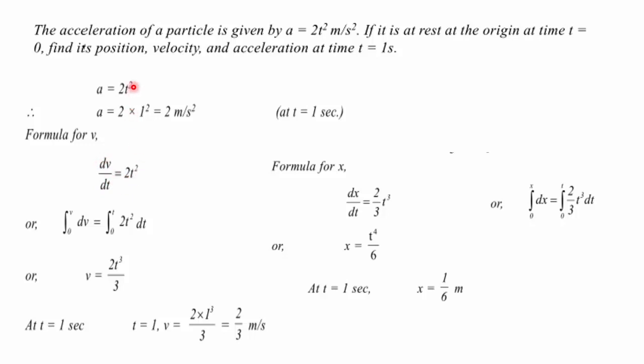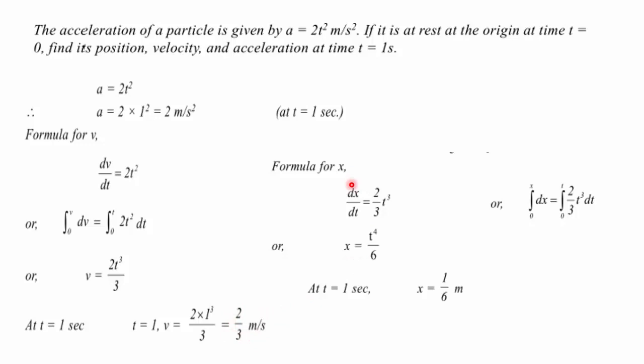So dv/dt is equal to acceleration, and in place of acceleration I will substitute 2t squared, and then I will integrate dv on one side in terms of velocity, where the initial velocity is 0 and the final velocity is v, initial time 0, final time t, and from here I will calculate the velocity in terms of time. And then I substitute t equal to 1 second, I get the velocity at t equal to 1 second, which is 2/3 meter per second.